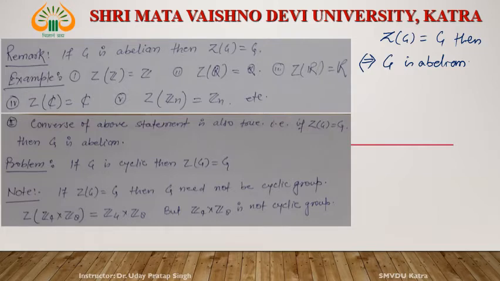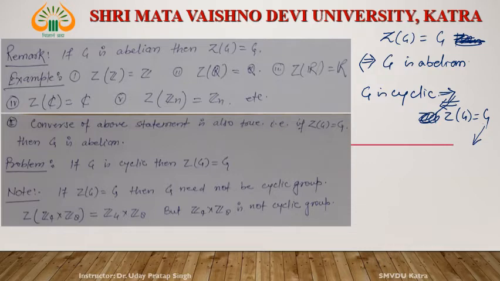If G is abelian, then Z(G) equals G. But if G is cyclic, it implies that Z(G) equals G. But is the converse true? No. If Z(G) equals G, then G may or may not be cyclic.